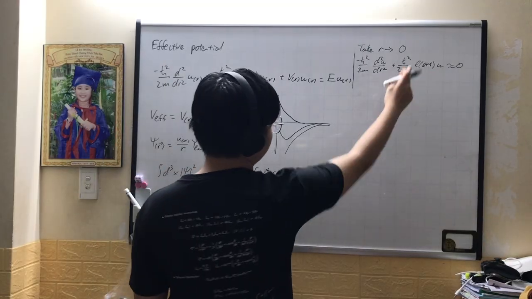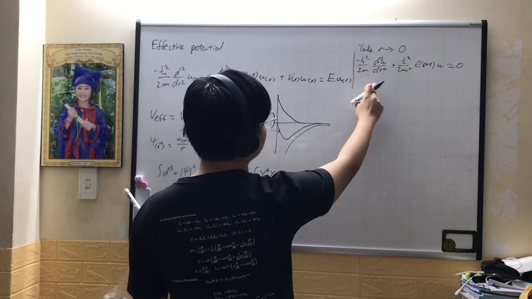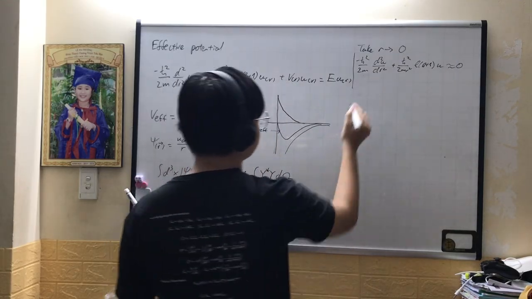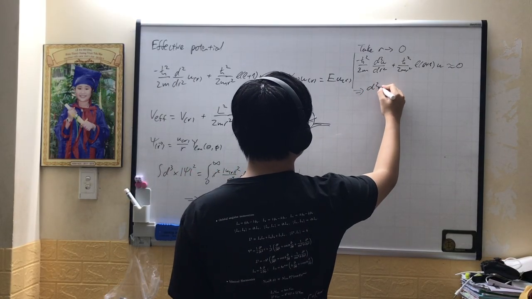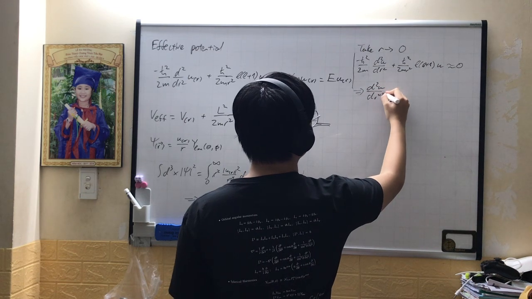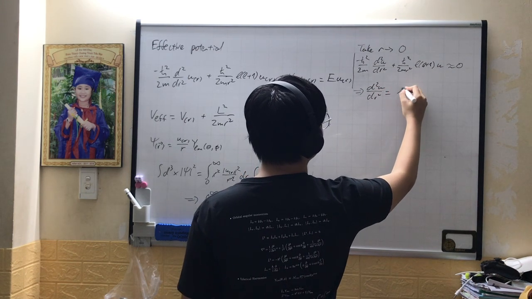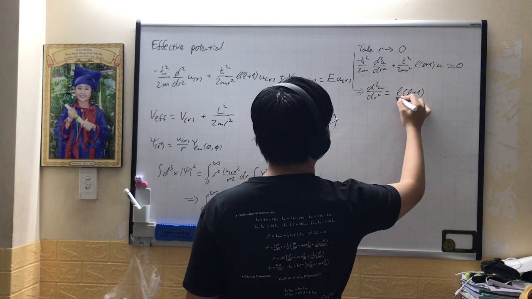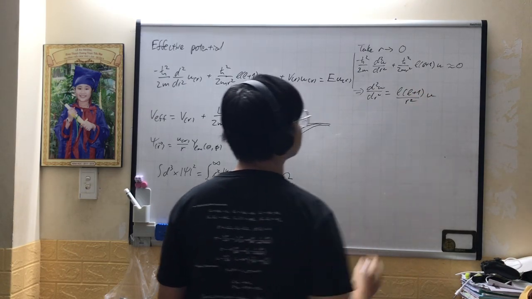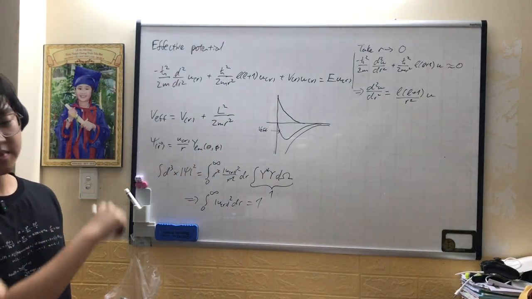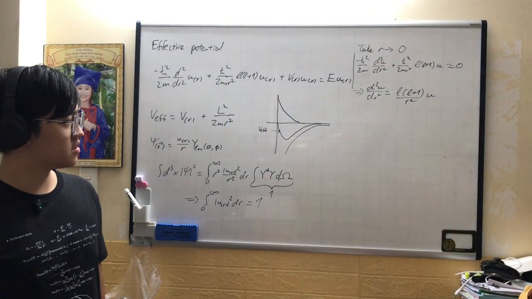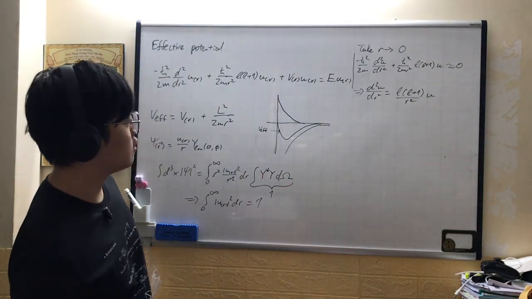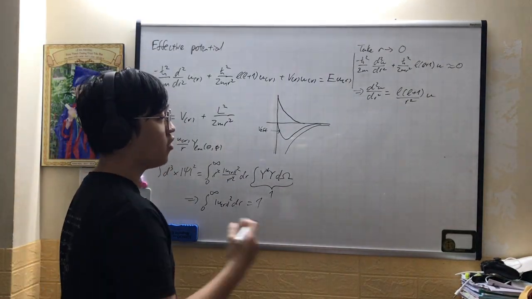From here you can cancel these two terms and move the minus over there, so you get d squared u dr squared equal to l(l plus 1) over r squared times u.